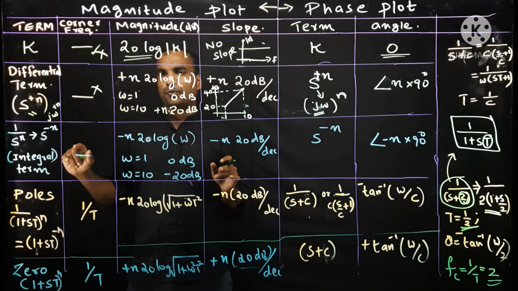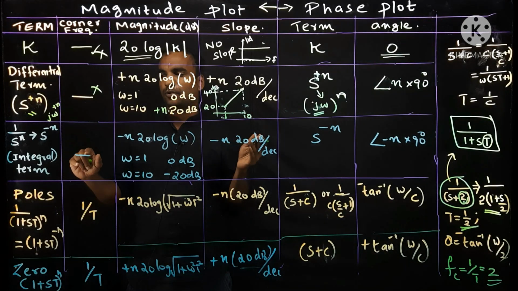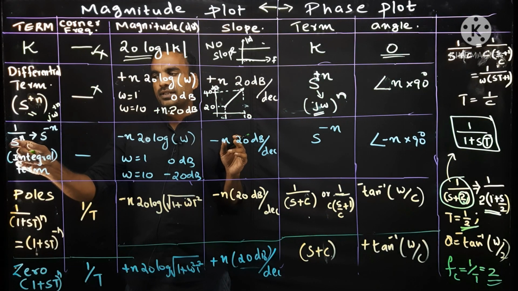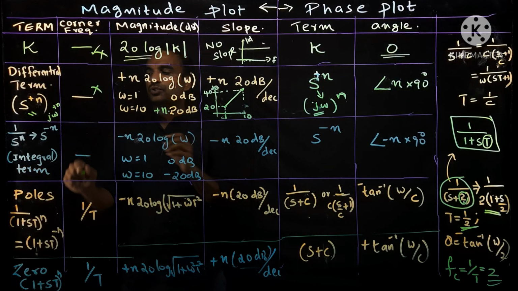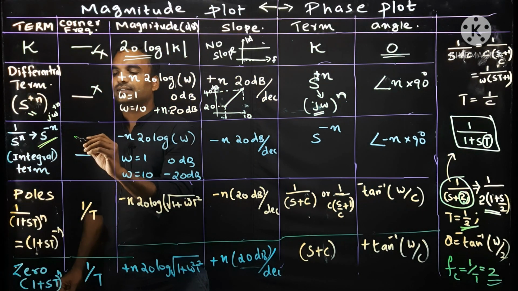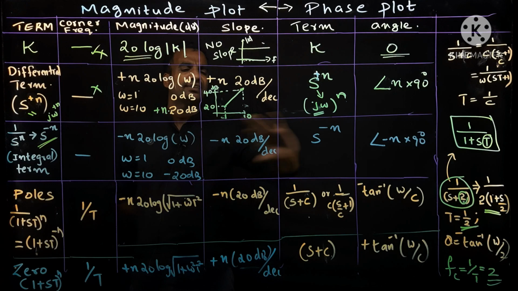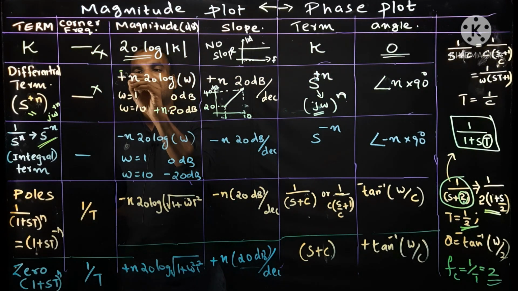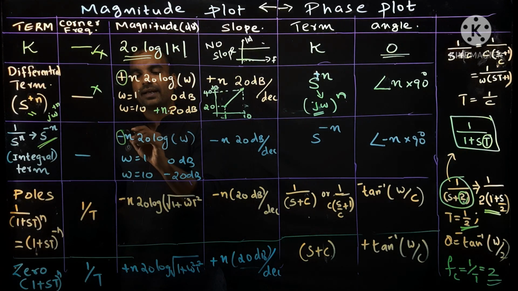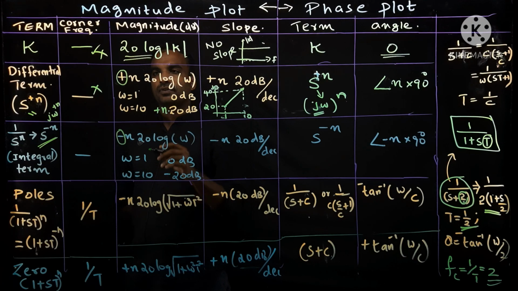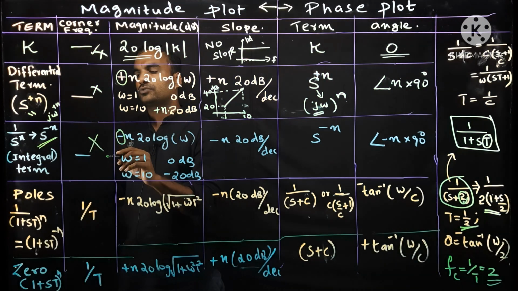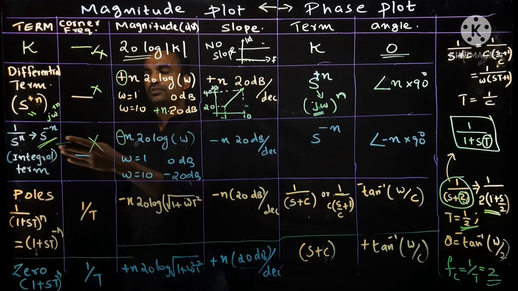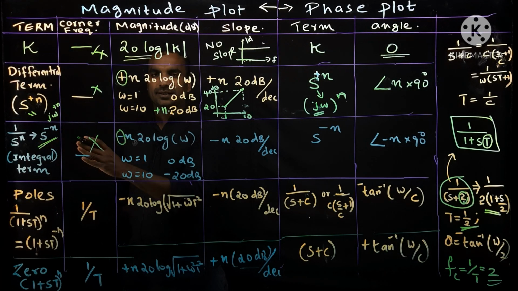So you will get two poles there, s equal to 0 and s equal to minus 2. Anyhow, that s term in the denominator is known as integral term. As it is in the denominator, we can write it as s raised to minus 1. Everything will be the same. Wherever you are seeing plus in the top side will become minus in this column. So it also will not have any corner frequency because s is standing alone.